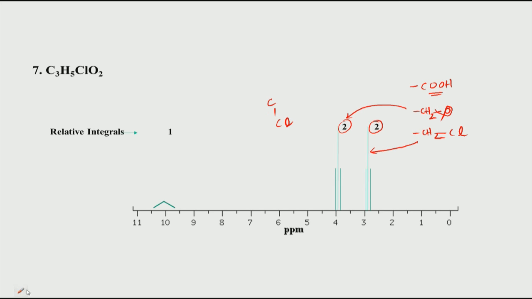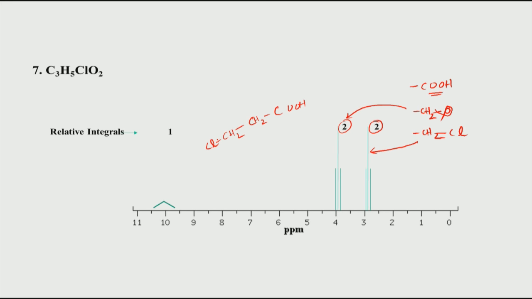So, let me draw this again. Basically there is a COOH, there should be one CH2, and then another CH2 attached to Cl.